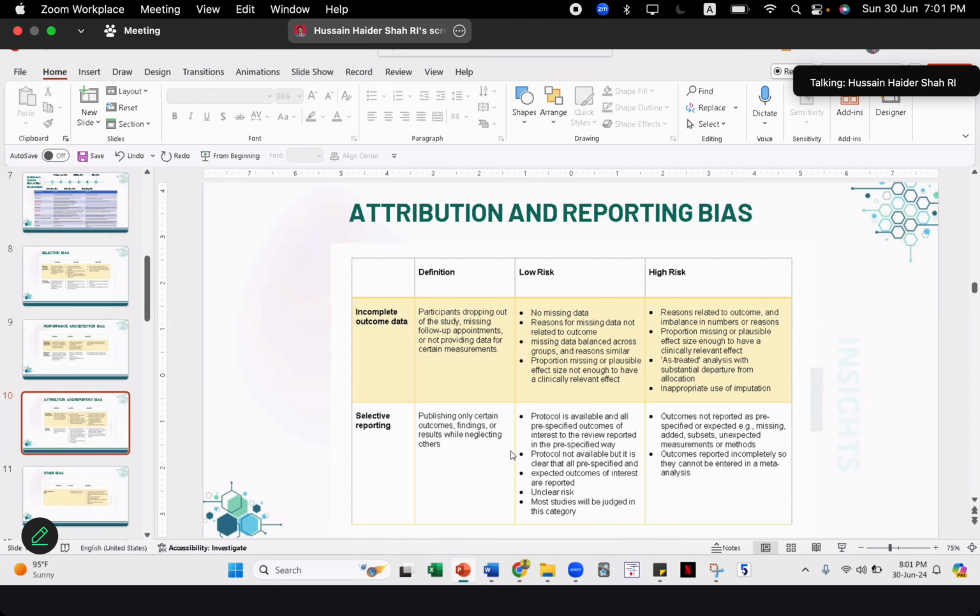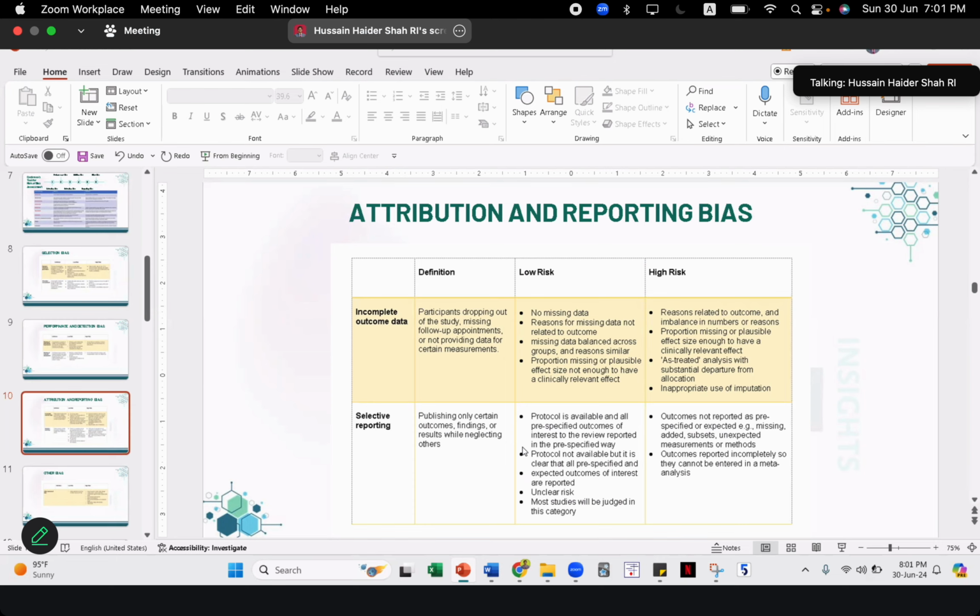But there is a way that before even conducting a randomized controlled trial, you submit a protocol of that trial in a national healthcare registry or somewhere. So if the authors have done a protocol and the protocol is available, they cannot do selective reporting, and this will ensure a low risk of bias.